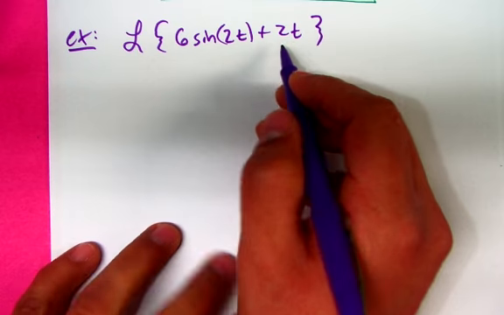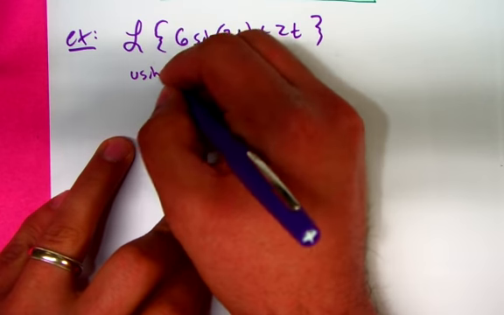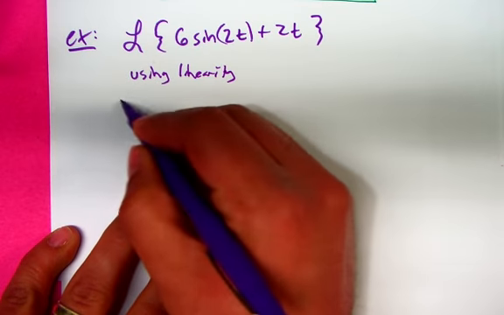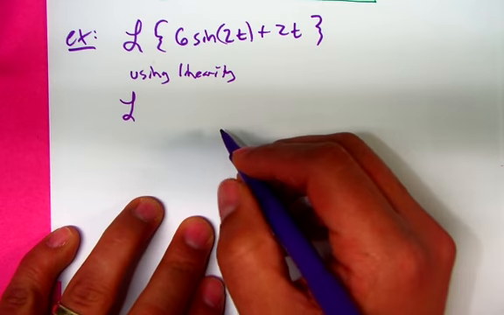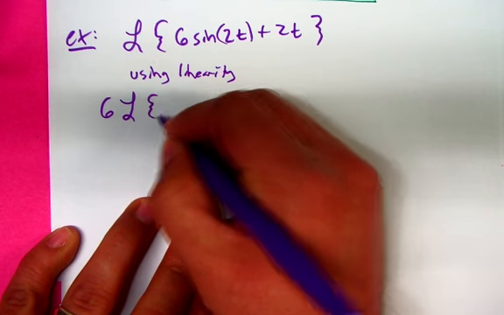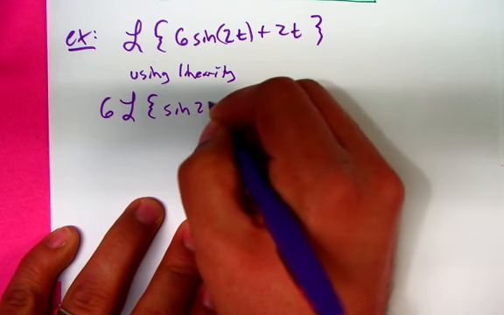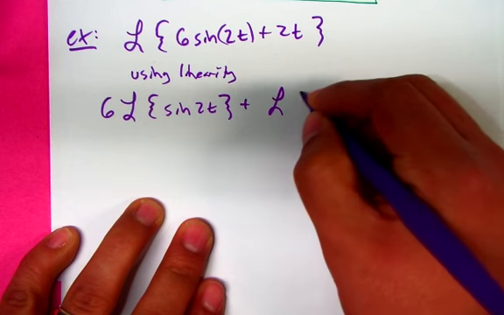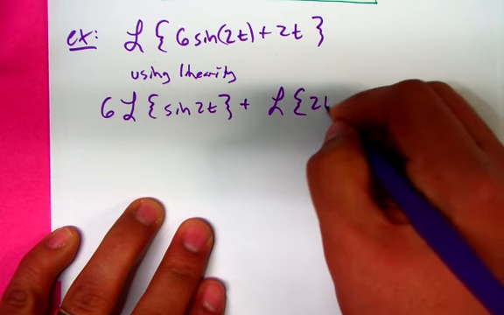So if we just use the linearity property, we could say that this is just going to be 6 times the Laplace transform of sine 2t plus the Laplace transform of 2t.